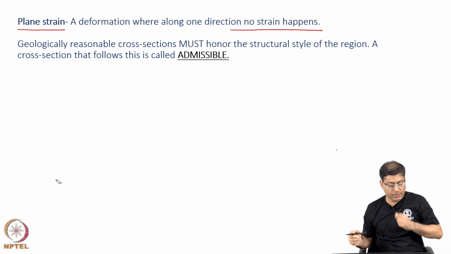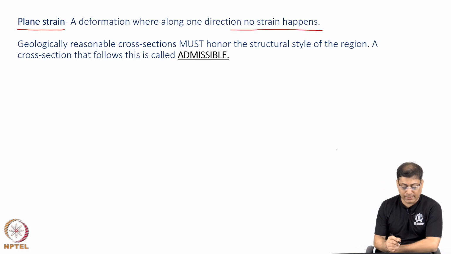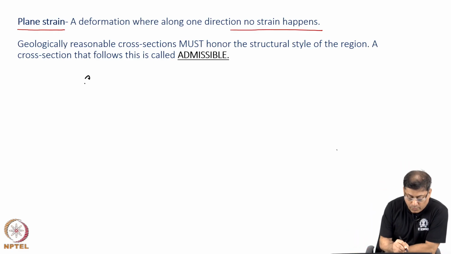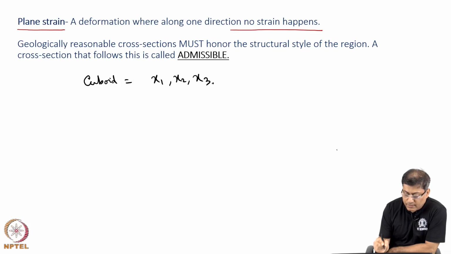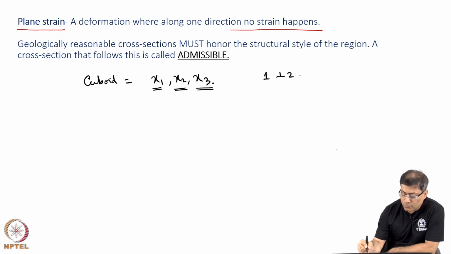We also need to see a few simple cases. Consider a cuboid with dimensions x1, x2 and x3 along 3 directions. That means, x1 centimeter along direction 1, x2 centimeter along direction 2 and x3 centimeter length along direction 3, and direction 1, direction 2 and direction 3 are perpendicular to each other.